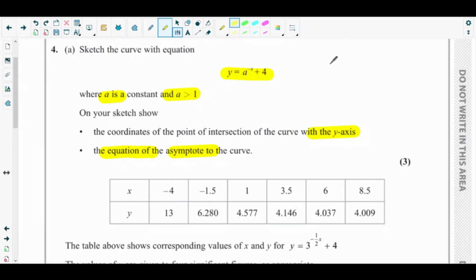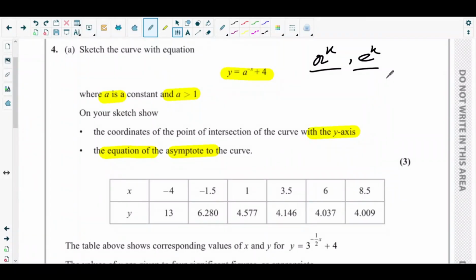Because the values of a to the power x, or e to the power x, these exponential expressions, can never be negative.